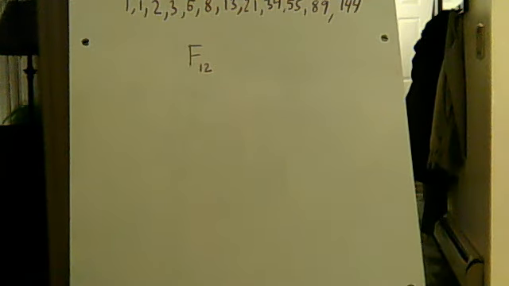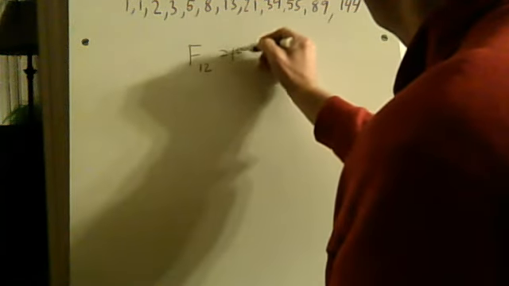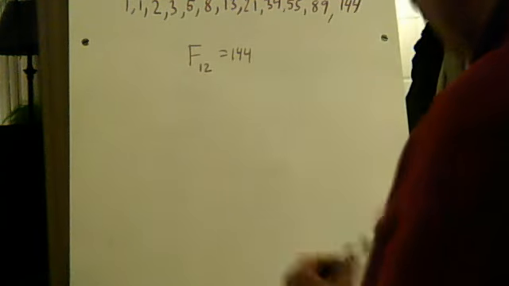Let me just check. Yeah, 144. Okay, now. So, F12 equals 144, because it's the 12th Fibonacci number. Great. First problem. Done. Second problem.